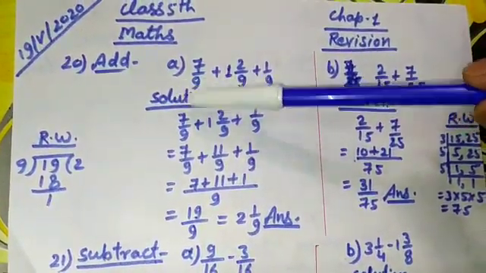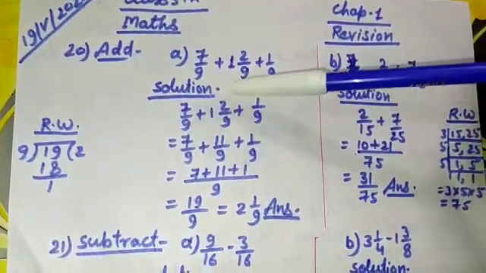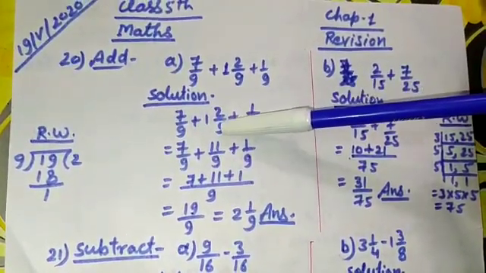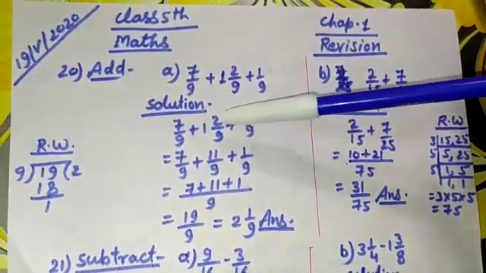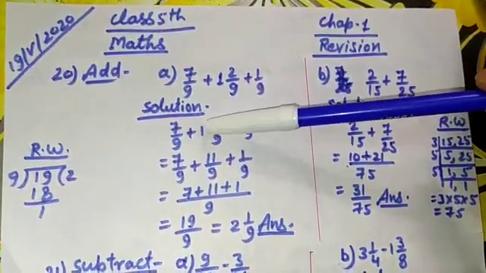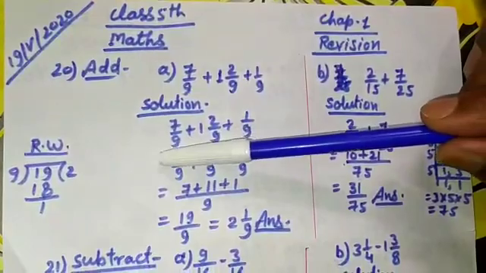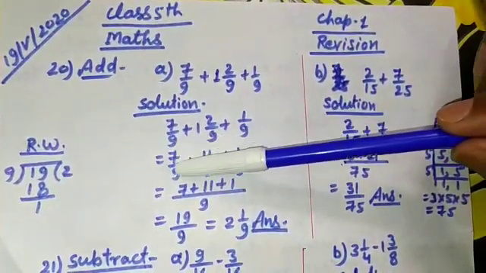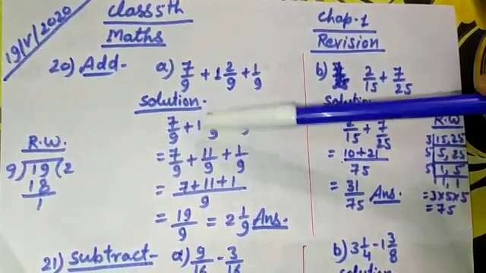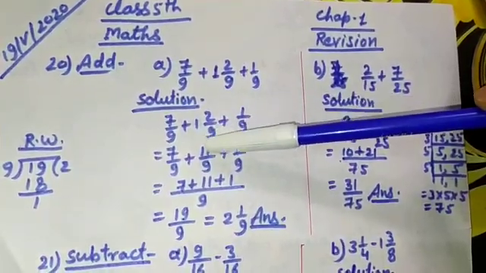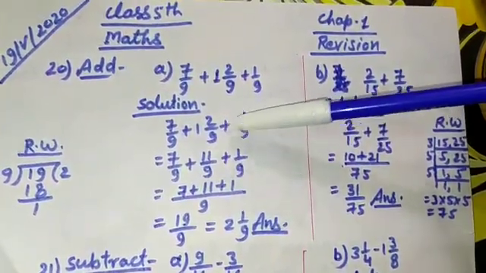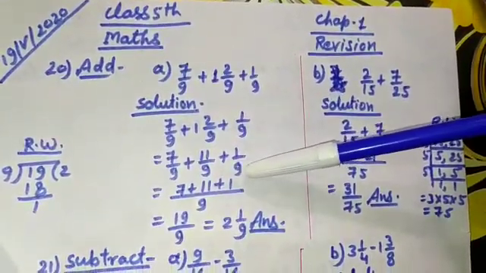Solution of A is here. 7 upon 9, 1 whole 2 upon 9 plus 1 upon 9. First we will change the mixed fraction into improper fraction. Therefore it is equal to 7 upon 9 plus 11 upon 9 plus 1 upon 9.